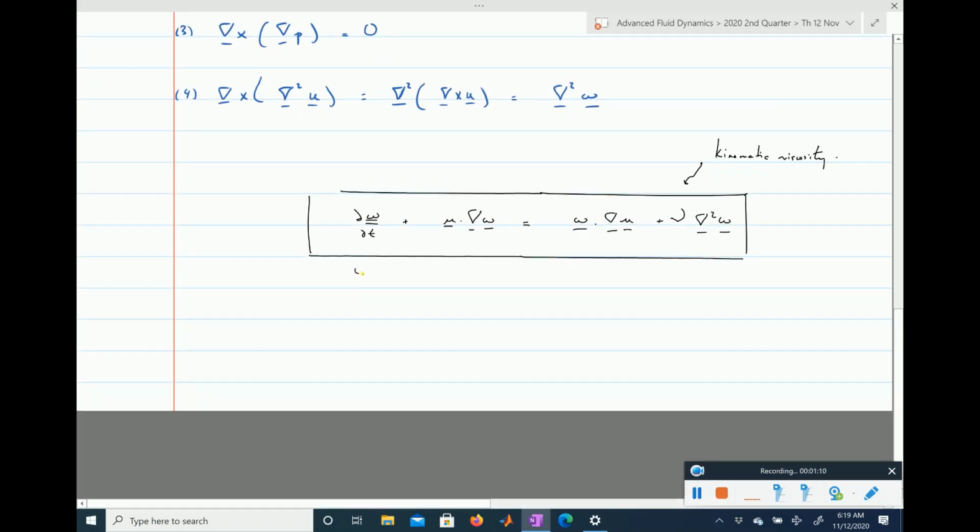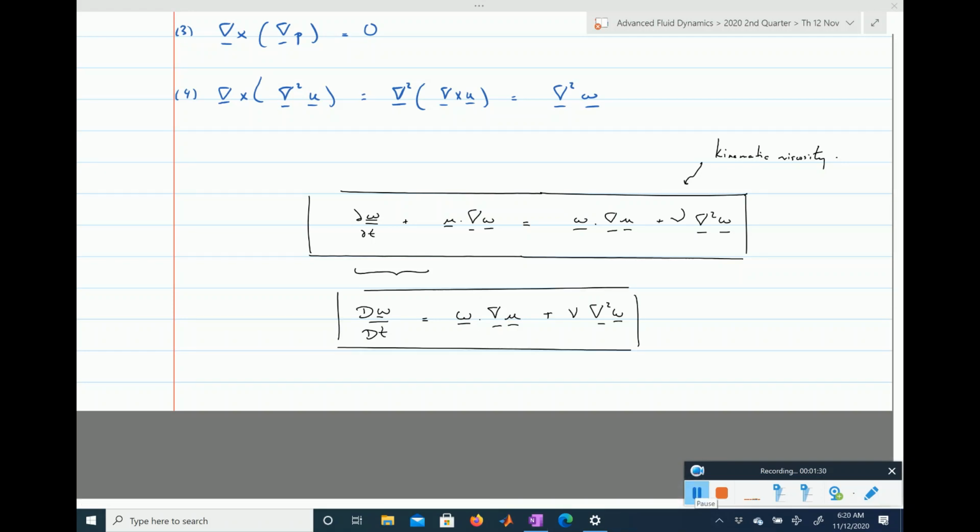So here you recognize the material derivative, so we can even simplify this further and write this as the material derivative of the vorticity is equal to the vorticity dot grad u plus nu times the Laplacian of the vorticity. And so now we're going to deduce from this equation how vorticity is transported, and that will give us an idea of how transport of vorticity occurs.